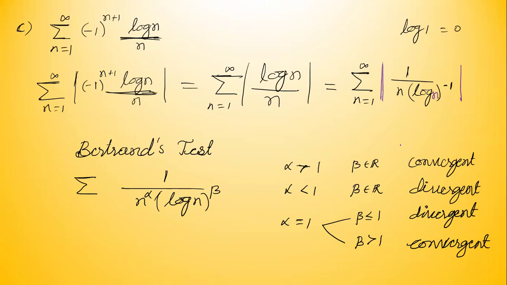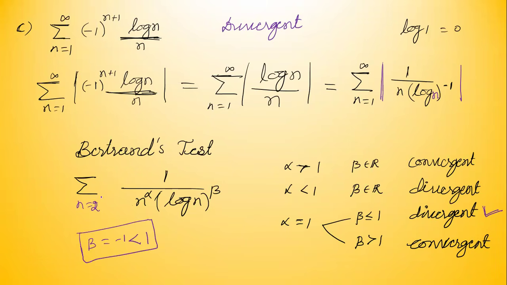Here beta is equal to minus 1, which is less than 1. In this condition, beta less than or equal to 1, it is divergent. Simply we say by using Bertrand test, this is divergent. Bertrand test, this is n equals 2 to infinity because log 1 value is 0.